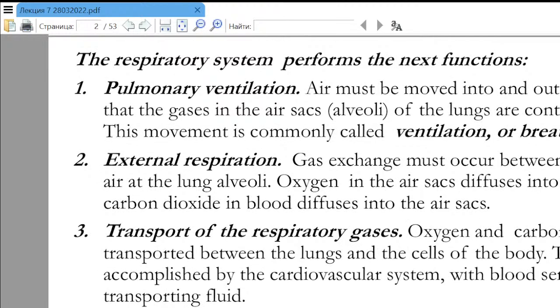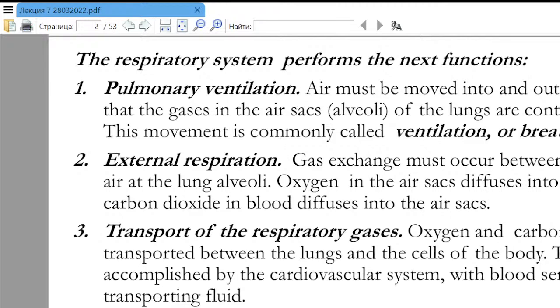The respiratory system performs the following functions. Pulmonary ventilation: air must be moved into and out of the lungs so that the gases in the air sacs, the alveoli of the lungs, are continuously replaced.